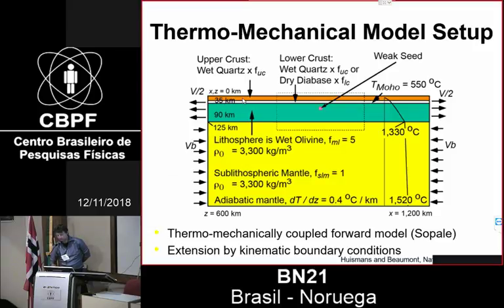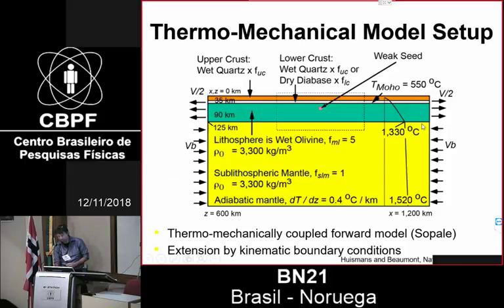A few examples of what we've learned from thermomechanical models, using computational fluid dynamic models on a very large scale, that allow us to do computational experiments where we compute how the crust and lithosphere and also the mantle below deform given certain boundary conditions and specifying material parameters.